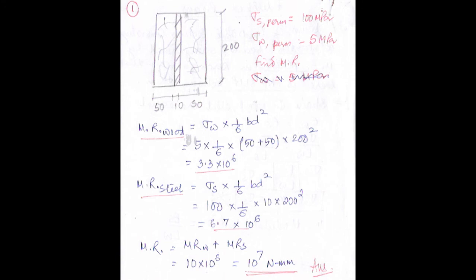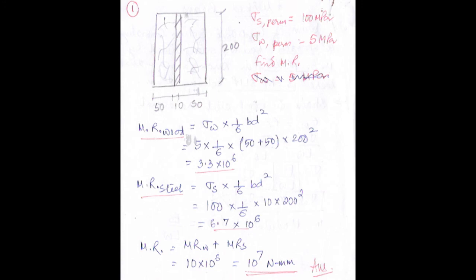Now you see how we can solve this problem by the basic concept. What is the moment of resistance formula? As we have seen in the last slide, the basic formula is sigma into 1/6 bd square. That formula only you have to remember. Mr is equal to sigma into 1/6 bd square. Now for wood, when we write sigma, we write sigma w, because that is for the wood.